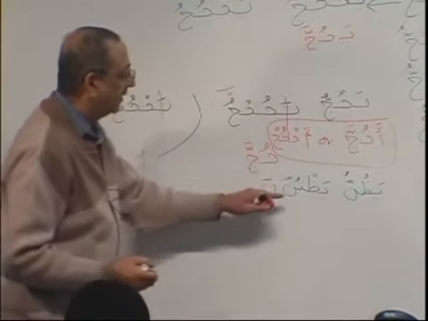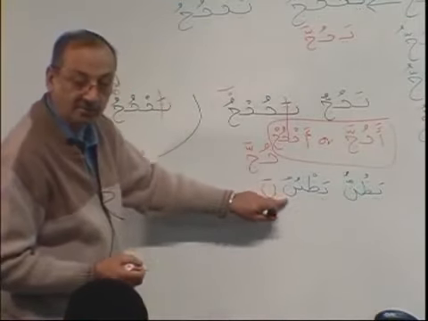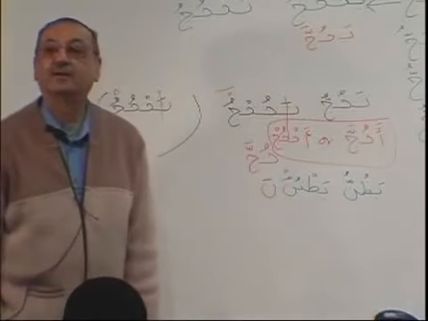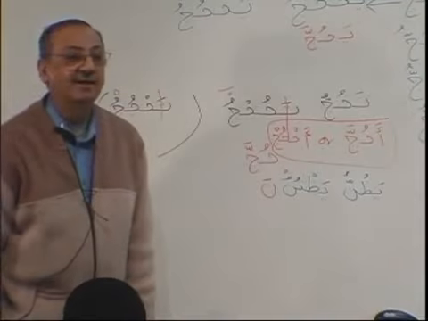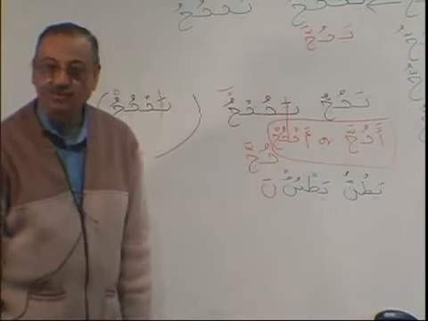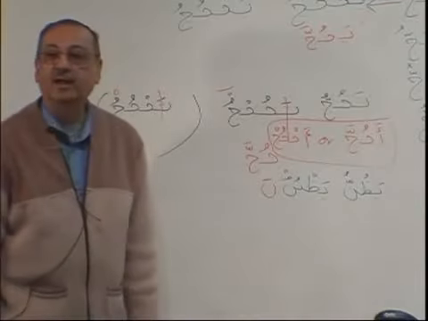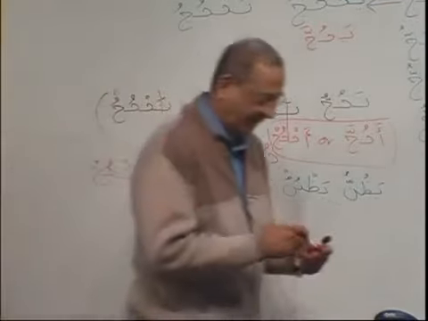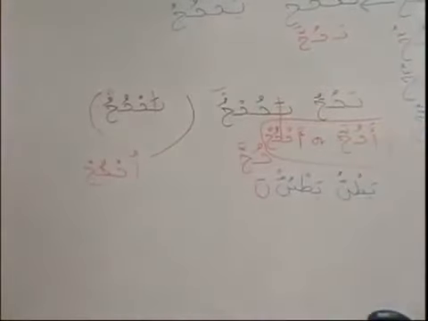Okay. Sister Hafsa, what shall I do now? Give a sukun here. How will you say? Yaznunna. And antunna, taznunna. It's very, very easy, but we've got to practice a little bit.